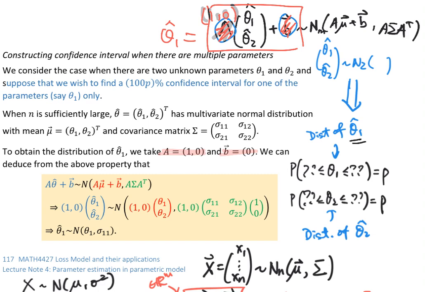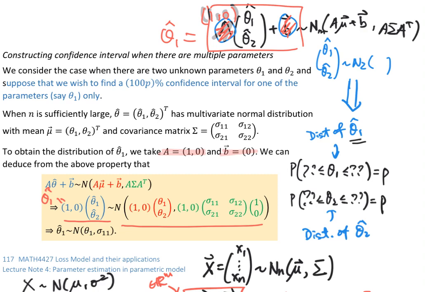According to the property of the multivariate normal, theta 1 hat follows a normal distribution, because this is just one dimension, with mean A mu plus B and variance A sigma A transpose. Then you just put in A and B and do the computation.